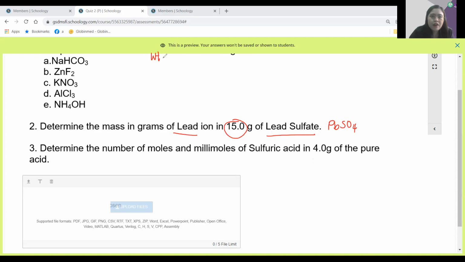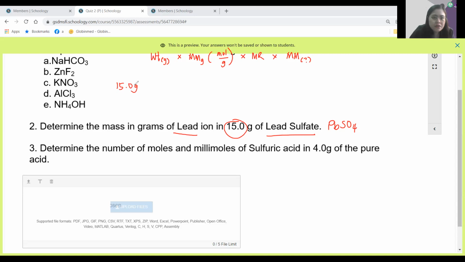So yung pattern natin, remember, weight of the given times the molar mass of the given, but this is in moles over grams. And then i-multiply natin siya sa mole ratio. And then lastly, i-multiply natin ito sa molar mass or sa atomic weight ng what is asked in the problem.